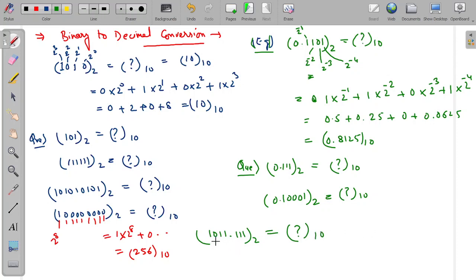So for this, do the calculation separately for the integer part and the fraction part and combine them with a binary radix point. That will give the complete number, right?